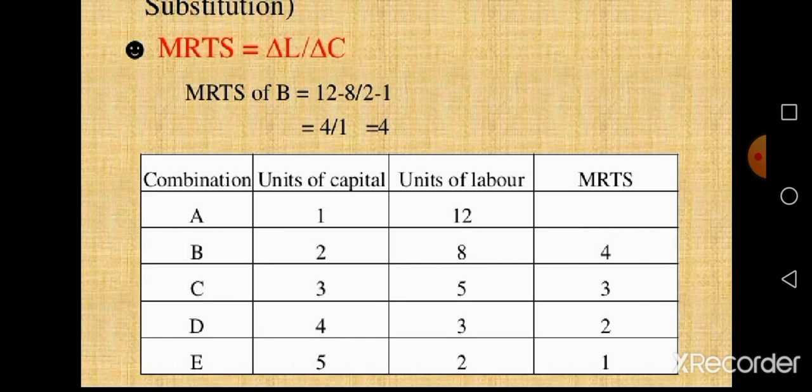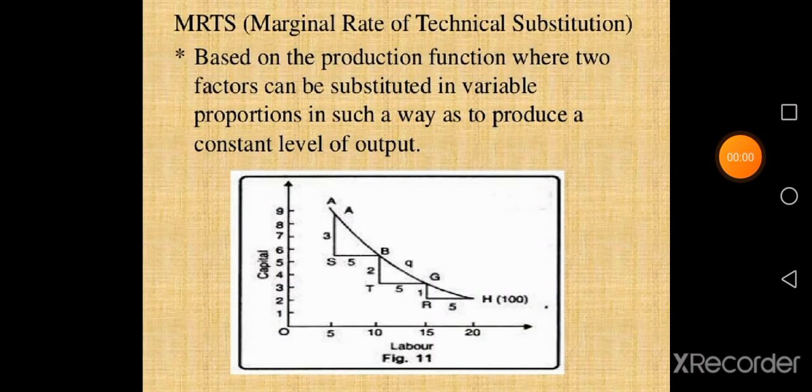Like that, to calculate combination C, the marginal rate of technical substitution is equal to the units of labor for C. The marginal rate of technical substitution is based on the production function, where two factors can be substituted in variable proportions in such a way as to produce a constant level of output.